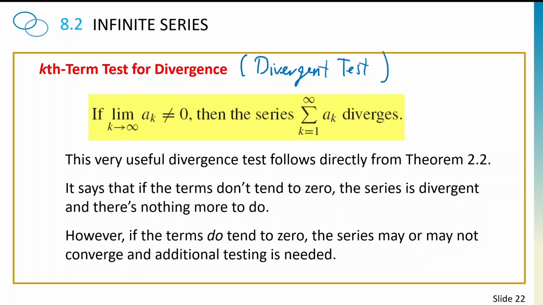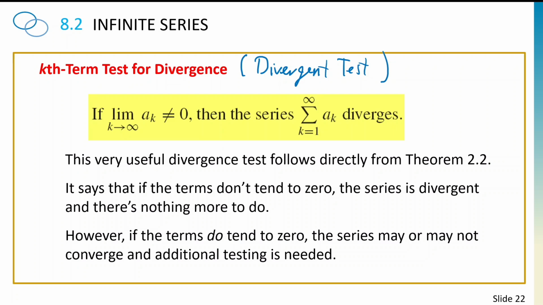So what does the test say? Just as we saw before, if the limit of a_k does not equal 0, then the series diverges. This is a really interesting test, and it should always be your first test to check. But you need to be careful about the common mistake again. If the limit equals 0, it means nothing. If the limit equals 0, like it's B, it doesn't mean it converges.